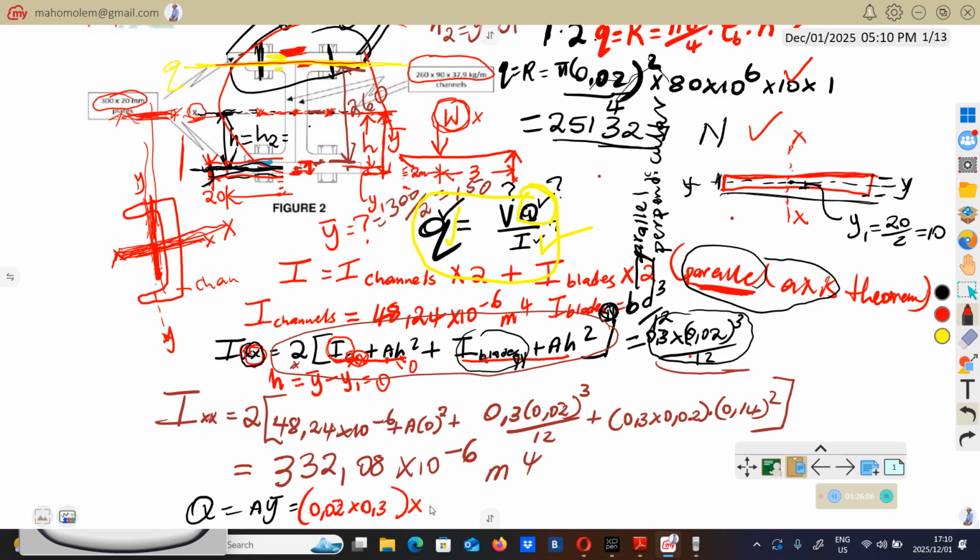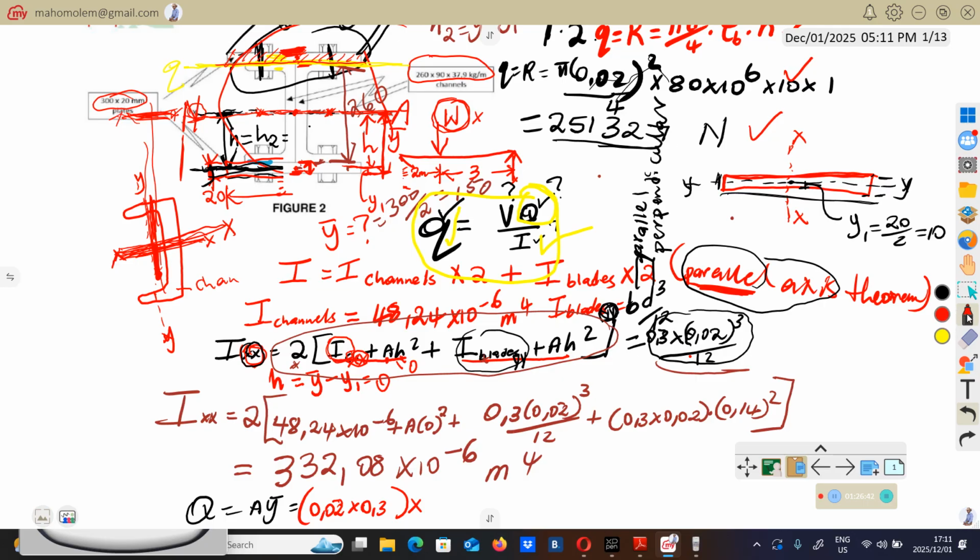Y bar is the distance from the centroid or the neutral axis, which is this one, to the center of the area above, to the center of the elementary area or the area in consideration. Remember, we're talking about this area. This is the area above.